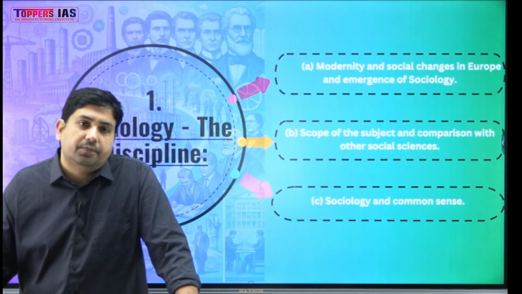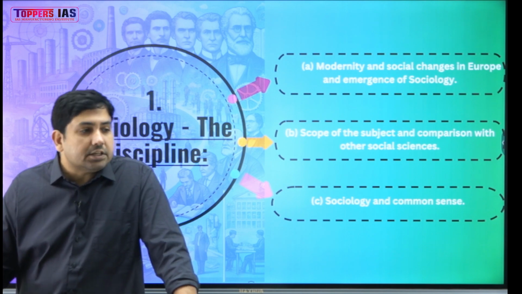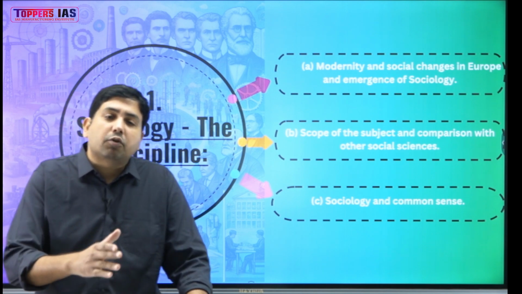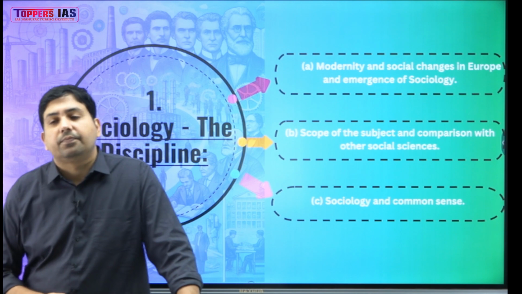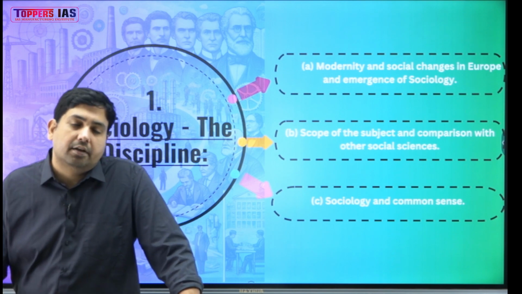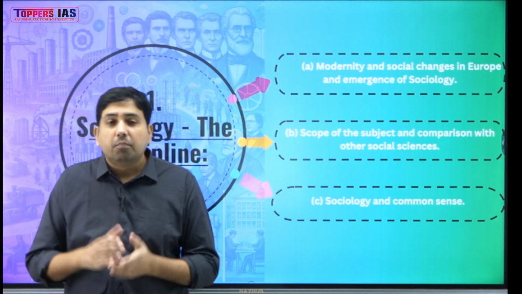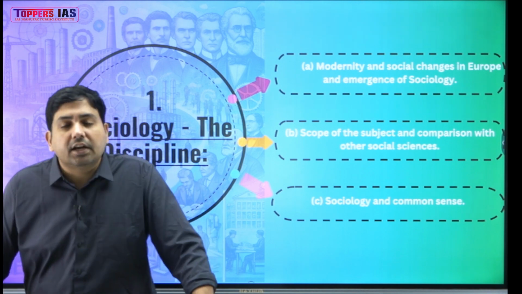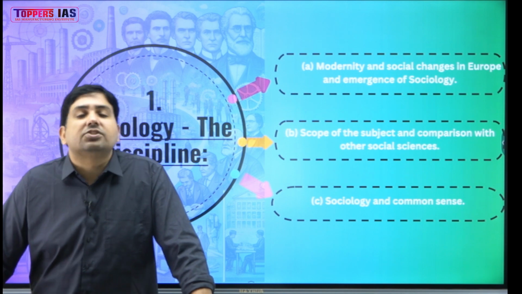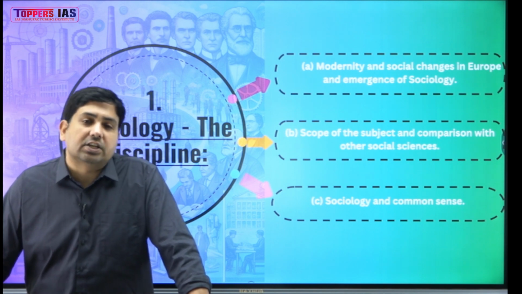As a result, people started moving from villages to crowded cities. Urbanization started happening at a rapid pace, and new social problems like poverty, pollution, poor working conditions, various diseases arose.